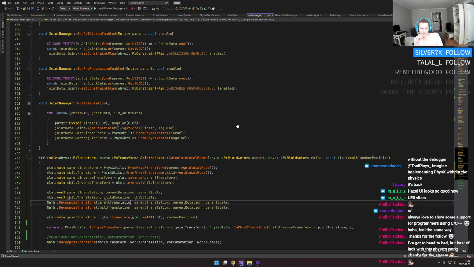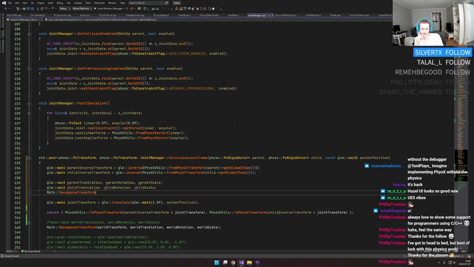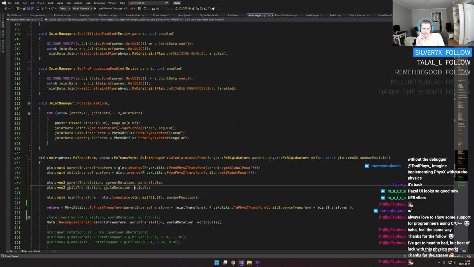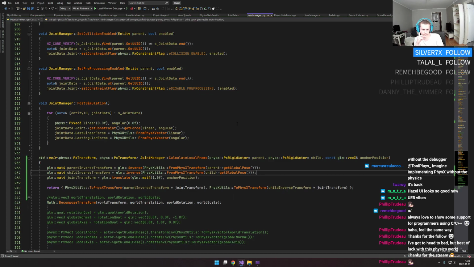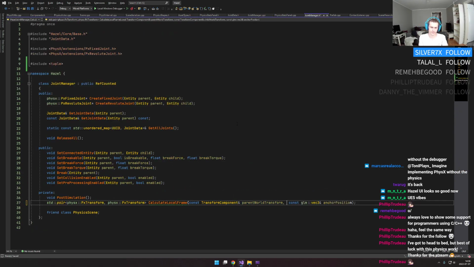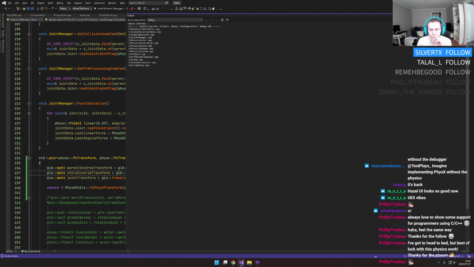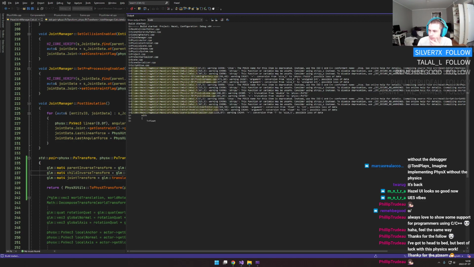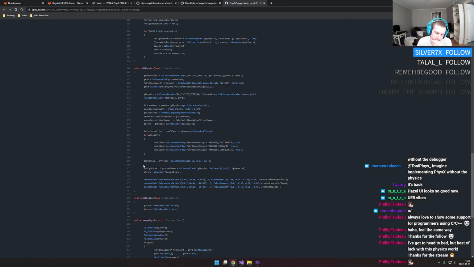I'll probably get the actual automatic offset to work later on, because I think I'm just too tired of dealing with that kind of matrix math.